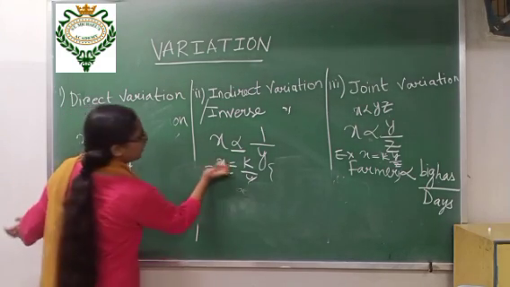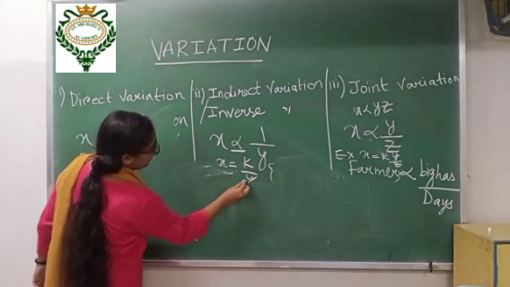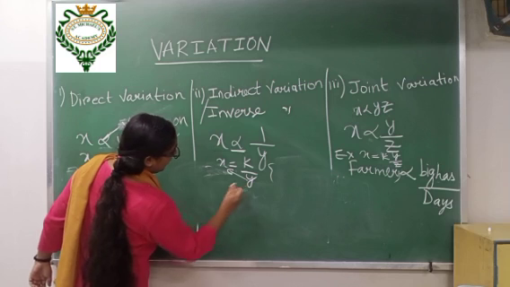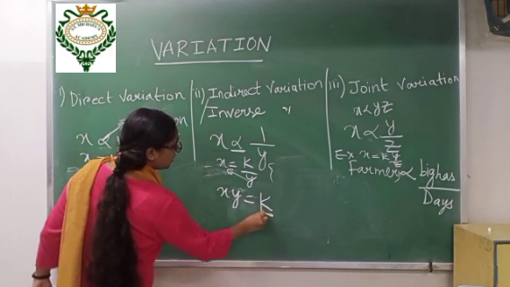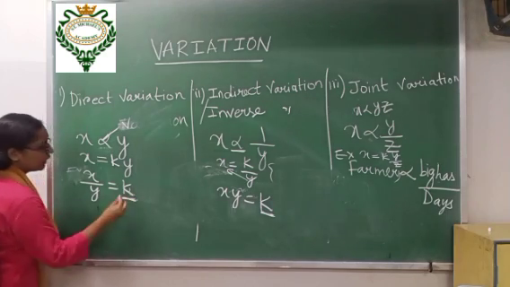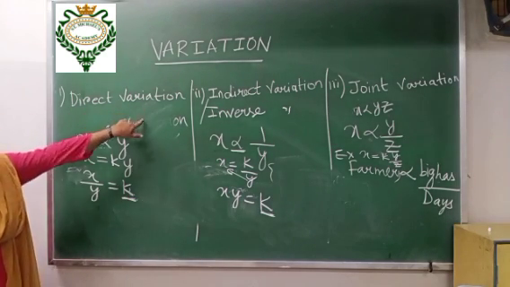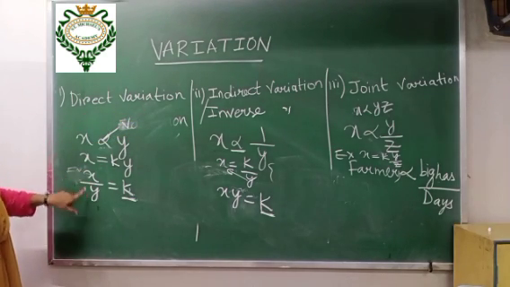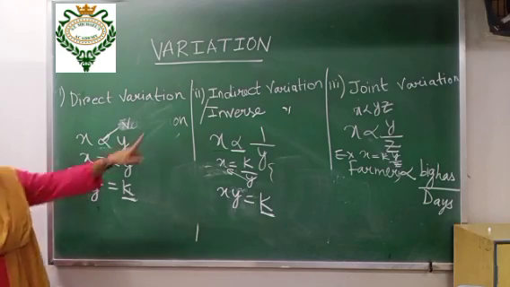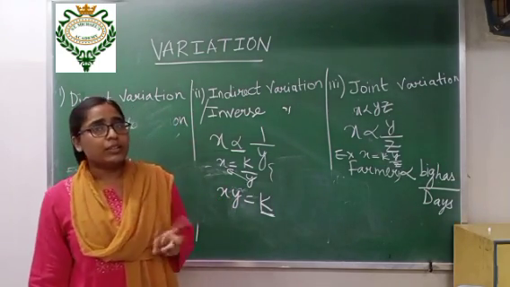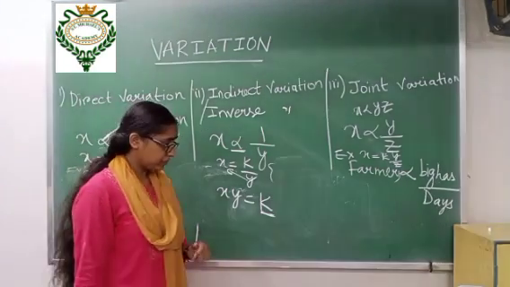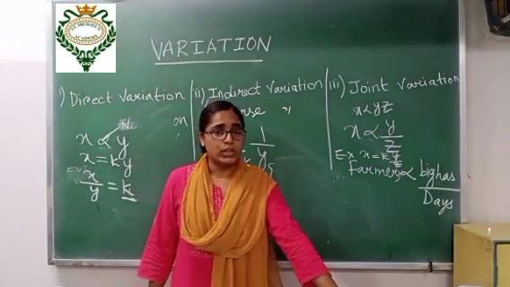Or if this y comes to this side, it becomes xy equals k, means a constant value you will get in each one. But in direct variation you have to divide x and y, these two variables, and in indirect variation you have to multiply. One and two questions I will do from your exercise, then you will understand.